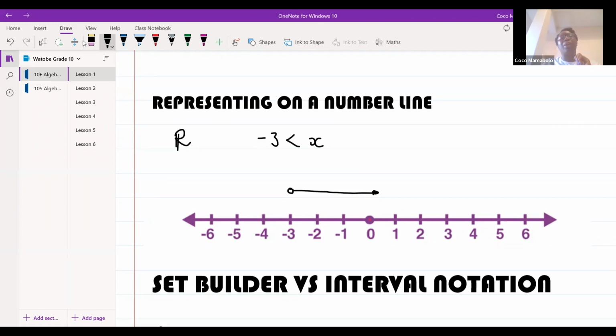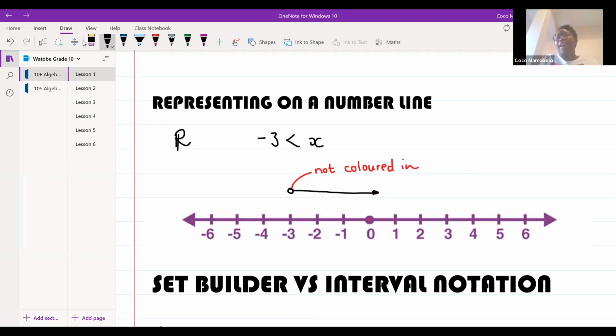Now, I want you guys to pay close attention to the fact that this dot is not colored in. And the reason why the dot is not colored in is because -3, we didn't put an equal sign there. -3 is not included.